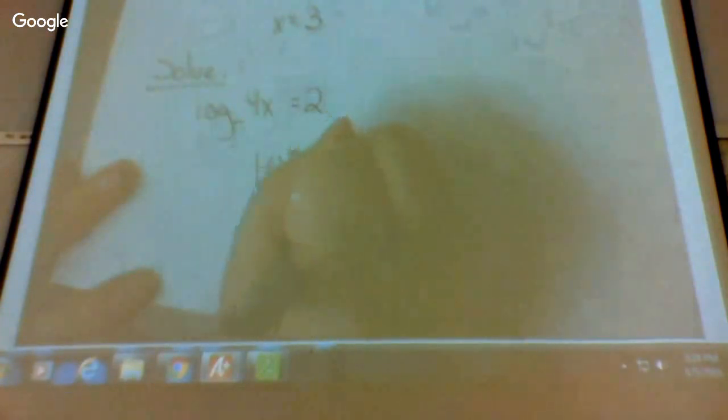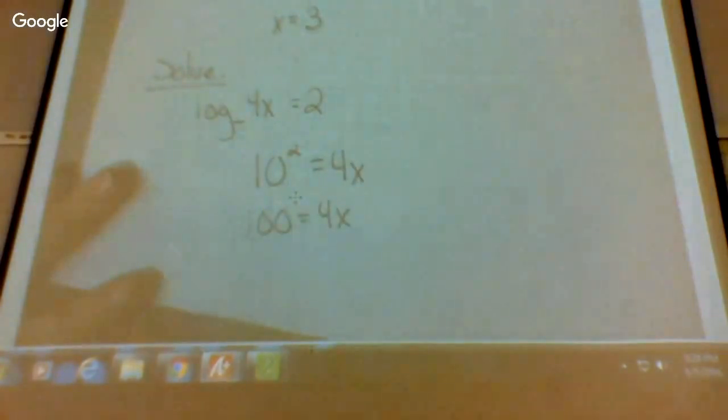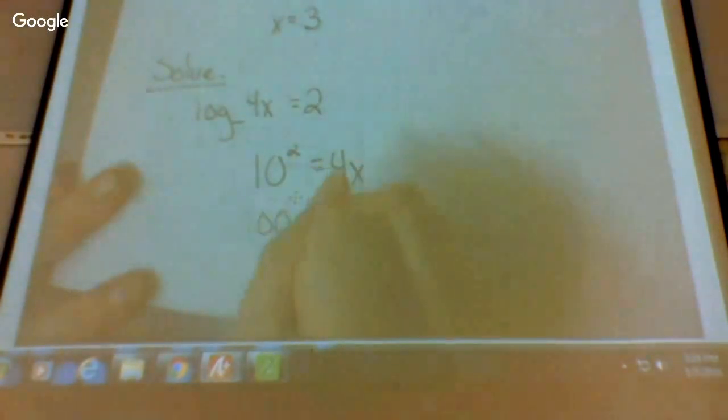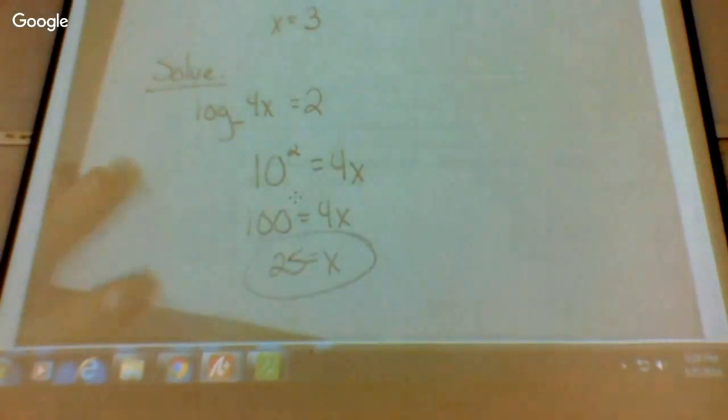Well, 10 to the power 2 is 100, equals 4x. So divide by 4 and say, hey, x is 25. Okay. You could technically plug in numbers too. That's not an awful idea if that's all you can do, but it's not the technical way you should be able to solve it.